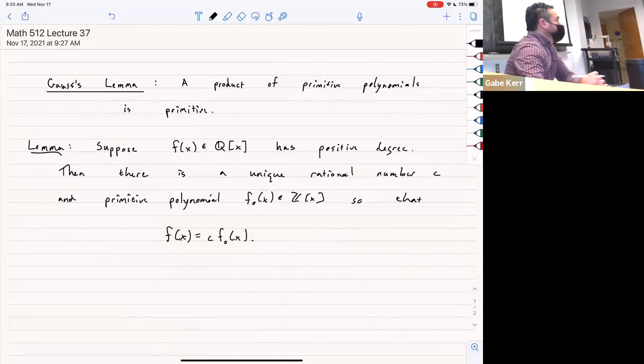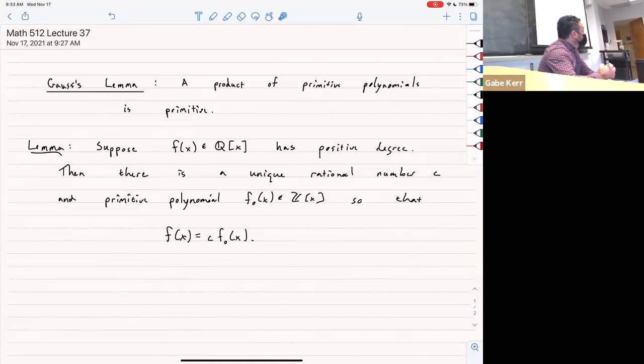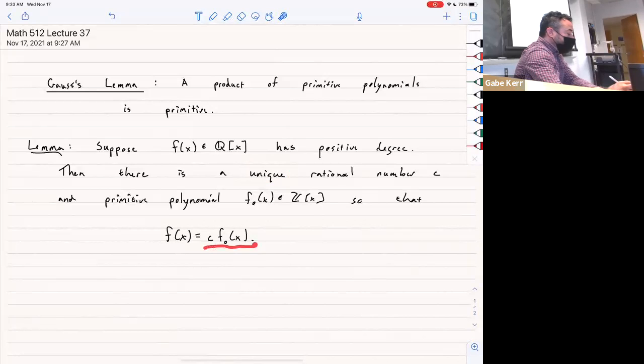The key bit to keep in mind as we work through this is really this uniqueness. Maybe you can already guess that such a thing exists, but we want to say that it's unique.